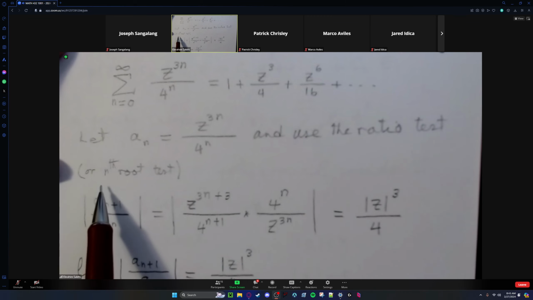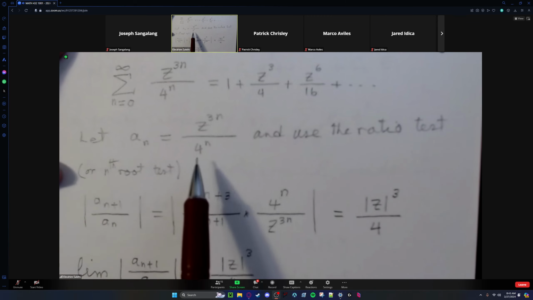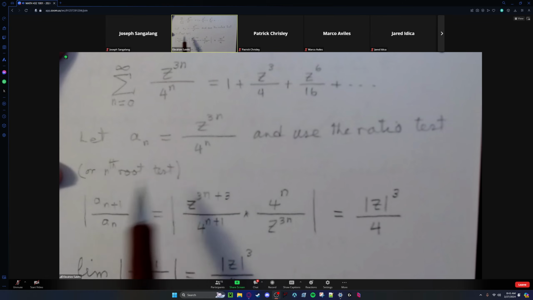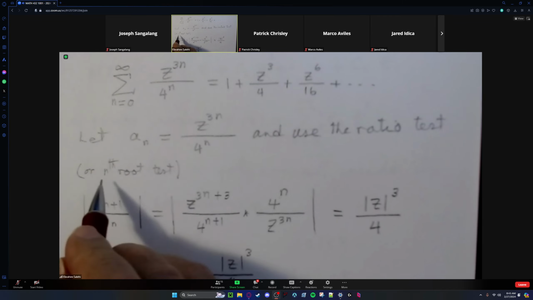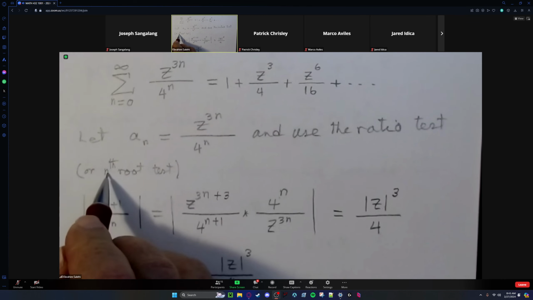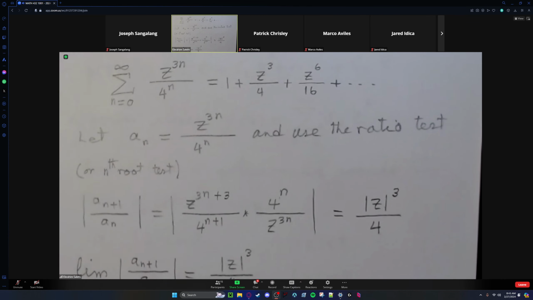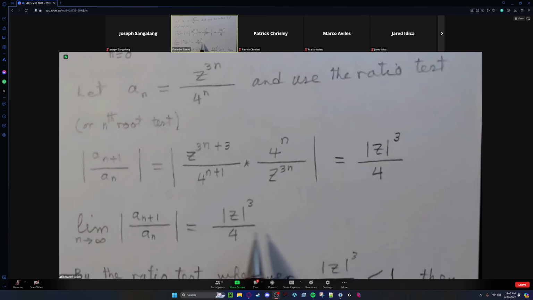Here is a comment: even in this case, we can use the n-th root test. That's true, but since I am concentrating on the ratio test, why not? Let's use the ratio test. The limit is this.